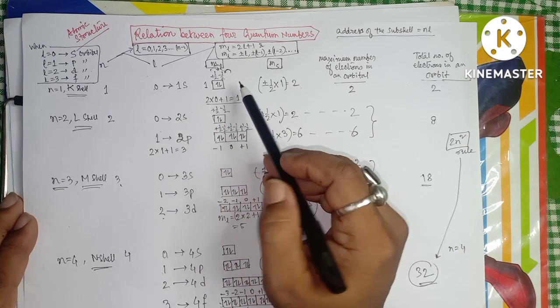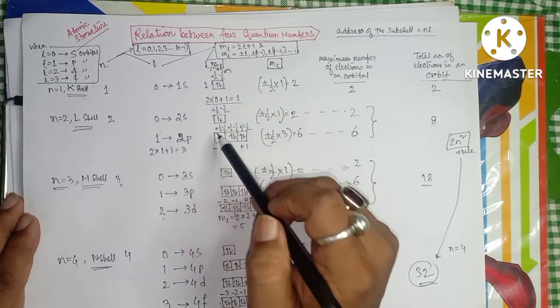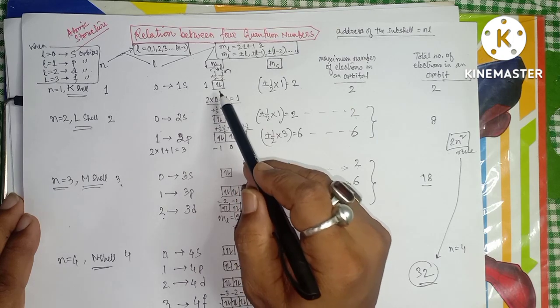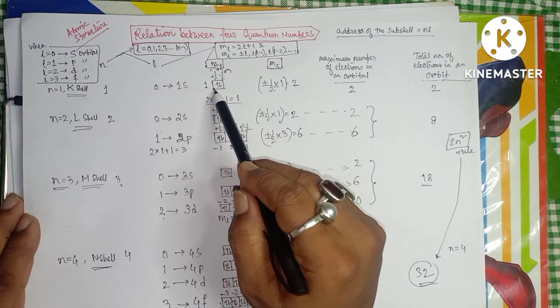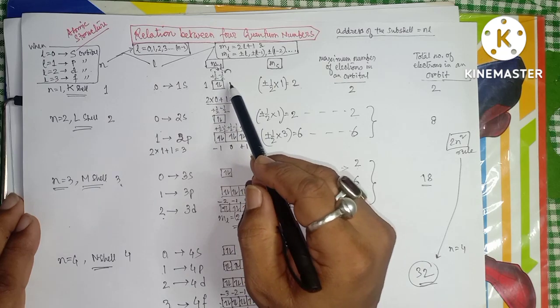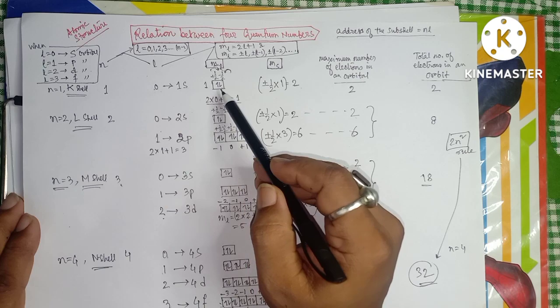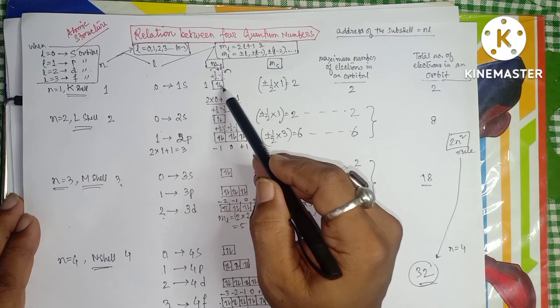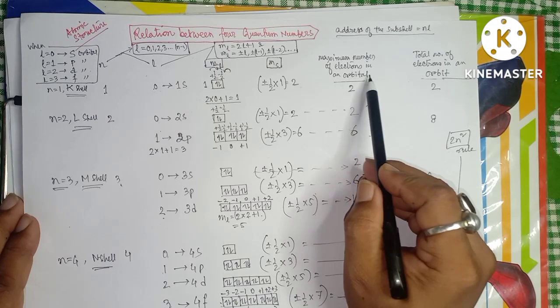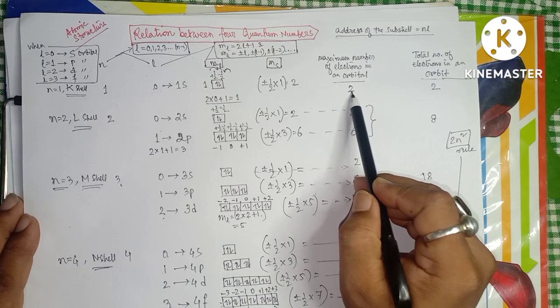Plus half means one electron having clockwise spin shares half of the room, and minus half represents another electron with opposite spin, that is anti-clockwise, sharing the other half of the same room, right? So the maximum number of electrons in an orbital is 2.